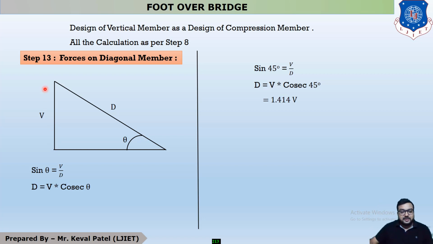So you can see that if you have the value of the vertical member, then you have to find the inclined member with the help of the sine theta equation. Your sine theta is V divided by D. It means sine theta is equal to the force of the vertical member divided by the force of the diagonal member.